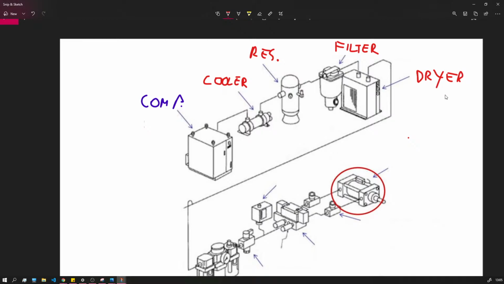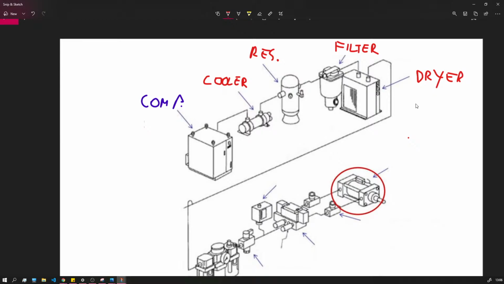So the dryer takes the water out of the system, dries the air, and one option to do that is to cool the air down. For example, if we cool the air down to quite cold levels, we can draw out a lot of water from the air we have.